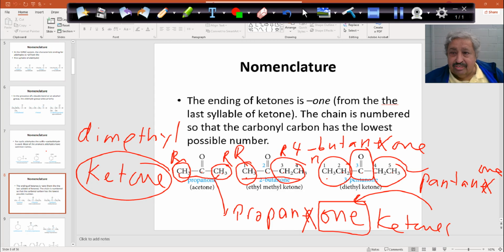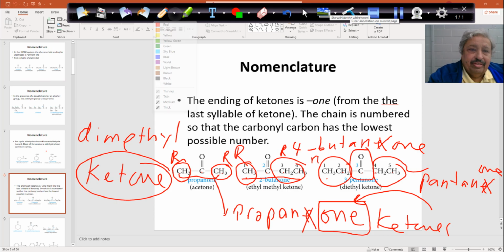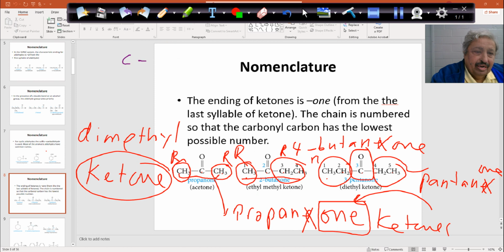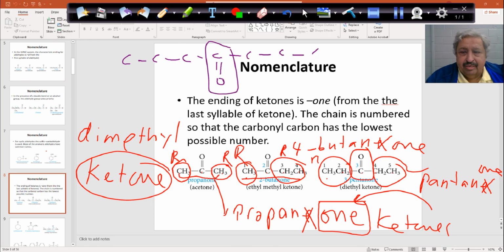So let's watch for the naming of this. We'll try to get the ketone number as low as we can. If I have, for example, something looking like this: carbon, carbon, carbon, carbon, and then here carbon, here is a keto group, then carbon, carbon, carbon, carbon, carbon, carbon.